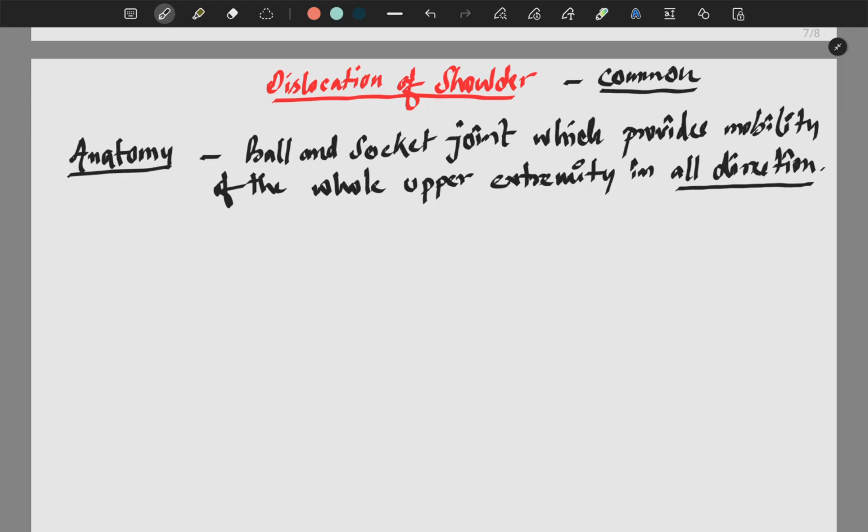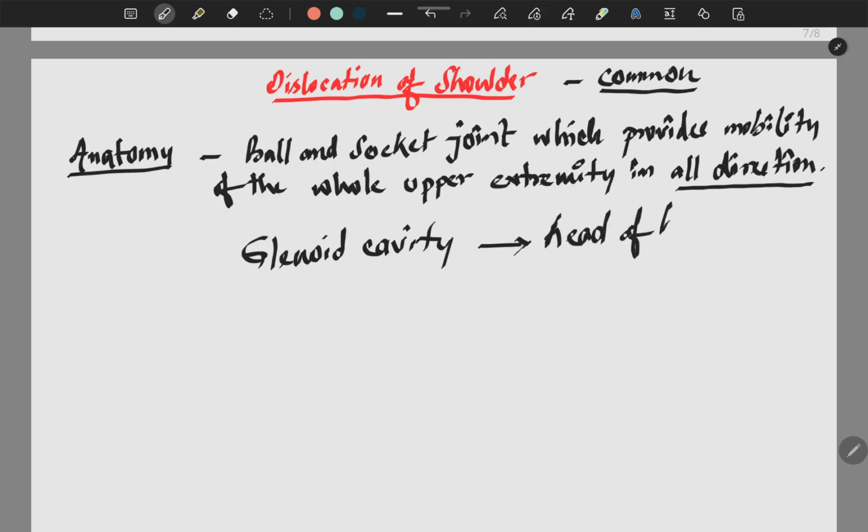So the joint is formed by the very shallow glenoid cavity, in which the small head of the humerus lies.